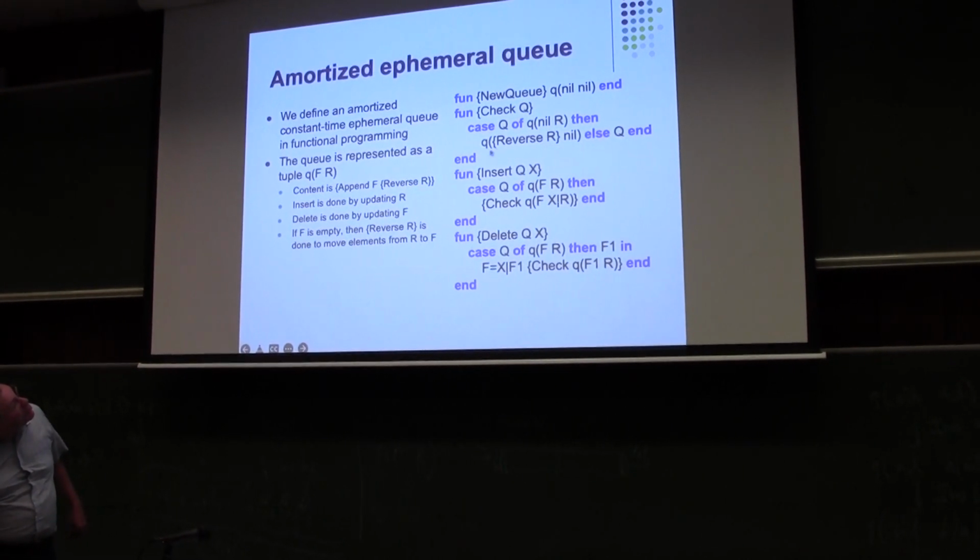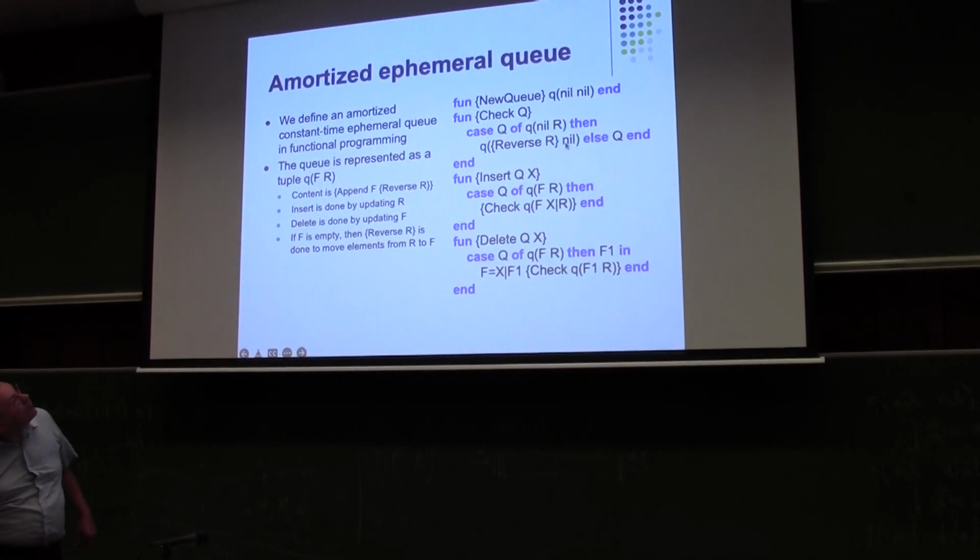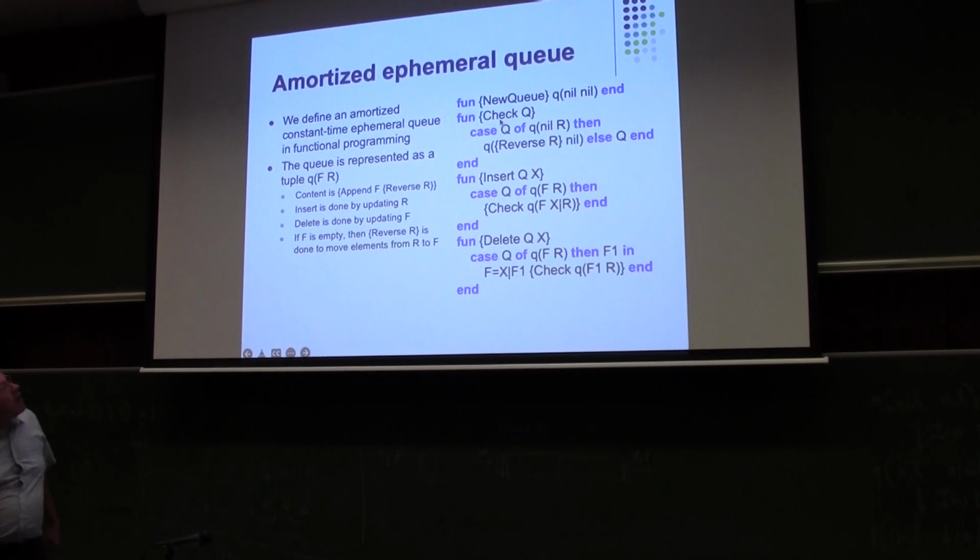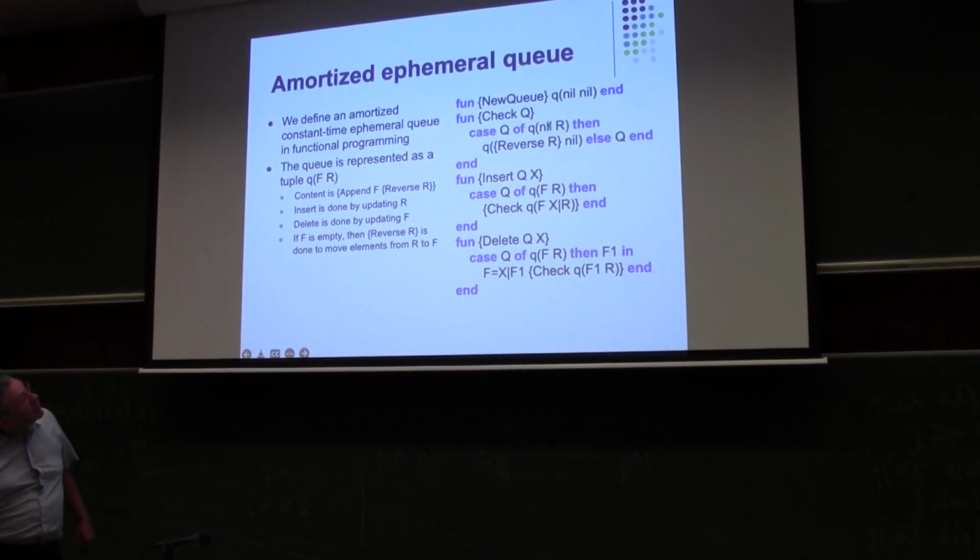I change this to reverse R nil. So the check is not done all the time. I mean, it doesn't all the time have to do the reverse. It only does it when this guy is empty. Okay? So it doesn't have to do it so much. But when it does it, it's expensive. When you do the check, you have to reverse here, which is proportional to the length of r, okay?